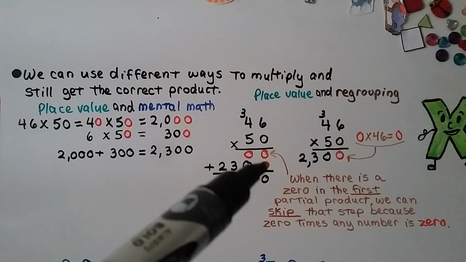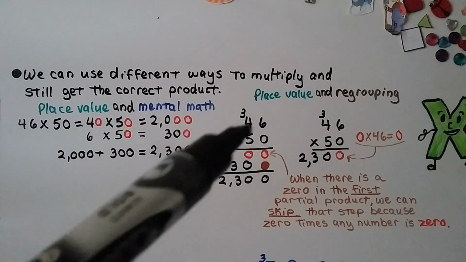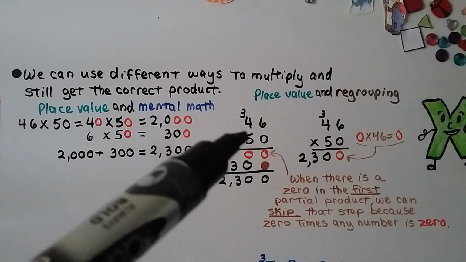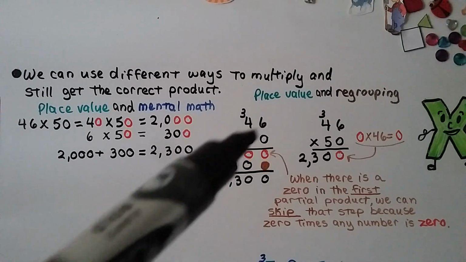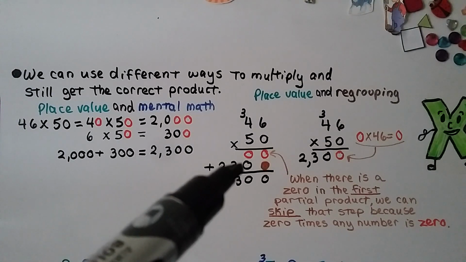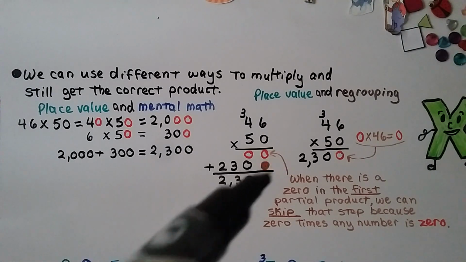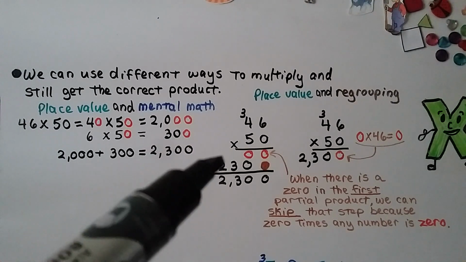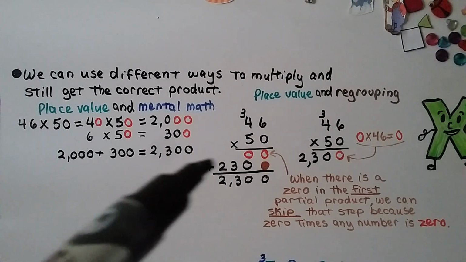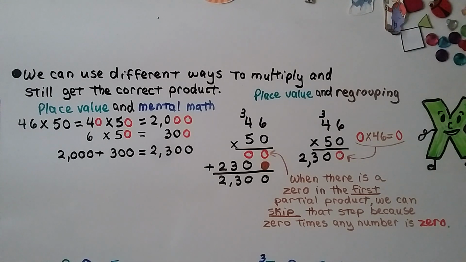Look, we've got our 0 there, because this is really 5 tens times 6, which is 300. So we have a 300. But we can also look at it as 5 times 6 is 30, regroup the 3 and put the 0 down here, because we know that's going to be a 0. Then we do 5 times 4, which is 20, add the 3, we get a 23, we put it here, and we add up our partial products and get 2,300.